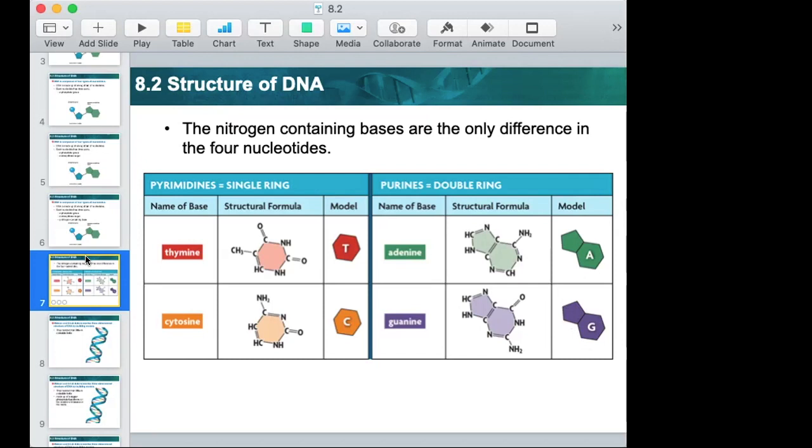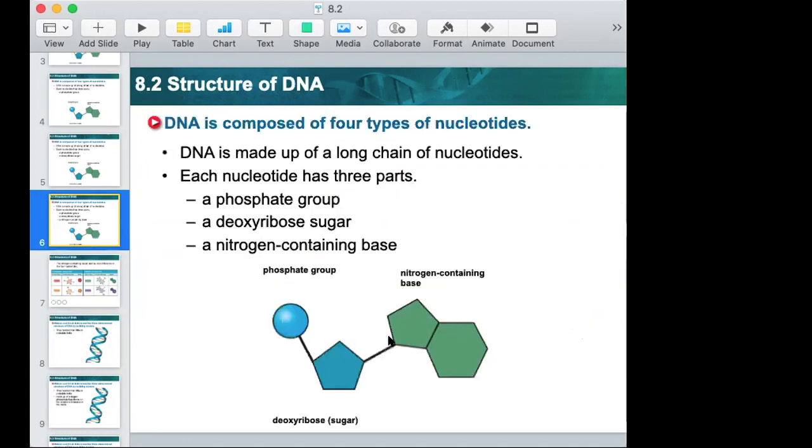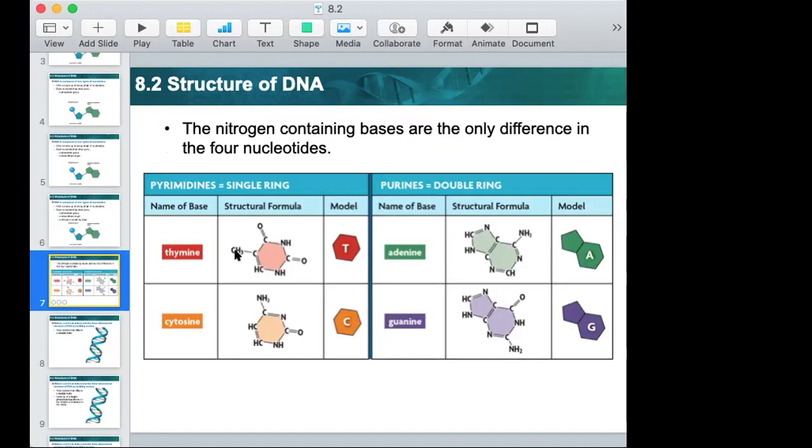Well, this right here has a pentagon and hexagon, so it's either adenine or guanine. And the one that's just one ring, that's thymine or cytosine, so that would be either. Between the 2, we don't know if it's adenine or guanine, but it'd be one of those 2.